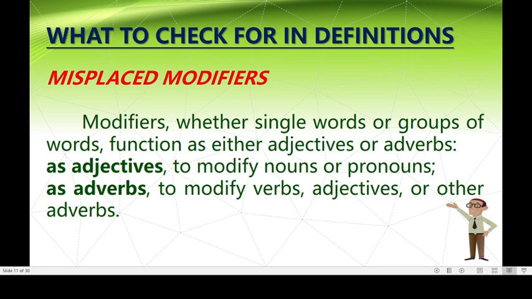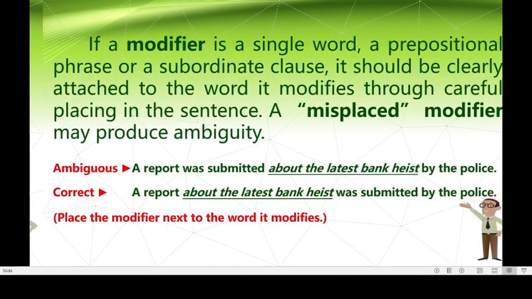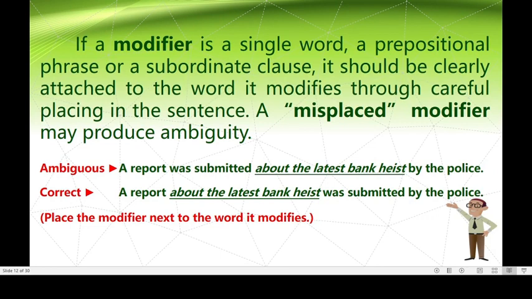As adverbs, they modify verbs, adjectives, and other adverbs. Now, if a modifier is a single word, a prepositional phrase, or even a subordinate clause, it should be clearly attached to the word it modifies through careful placing in the sentence.